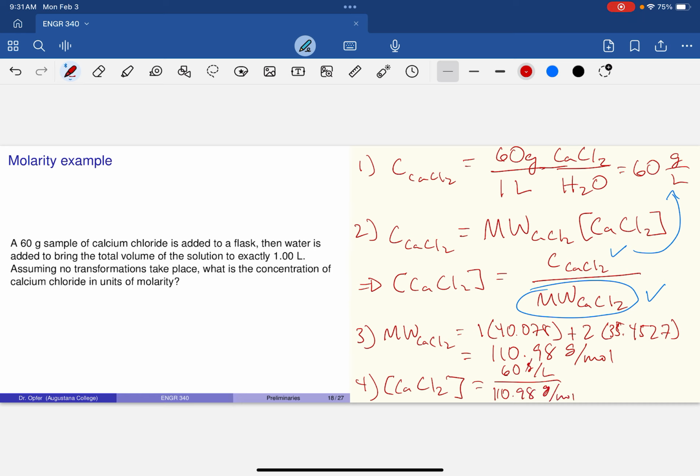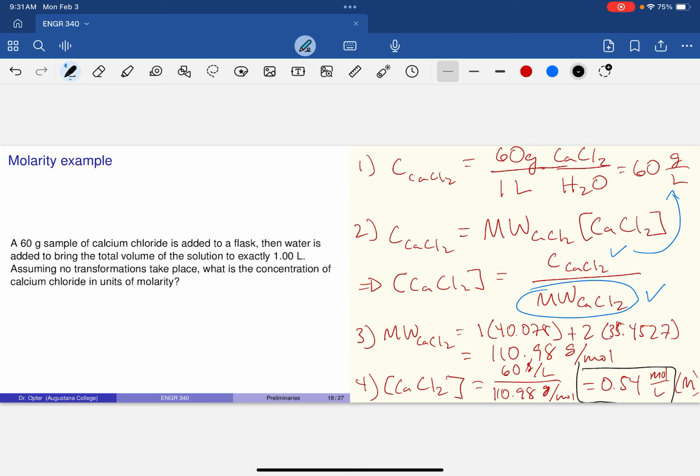Grams cancel with grams, so this gives me a total of 0.54 moles per liter, which is equal to big M for molarity. Okay, so here is our answer right here.